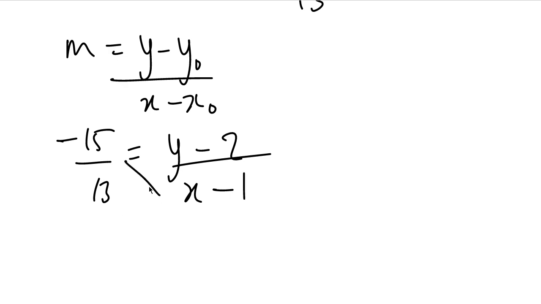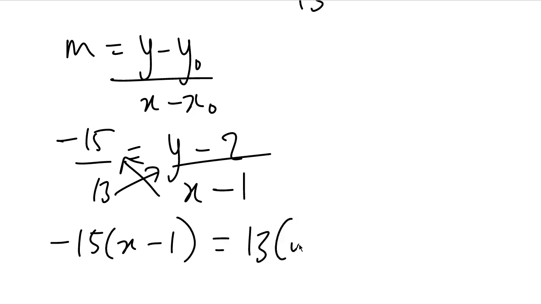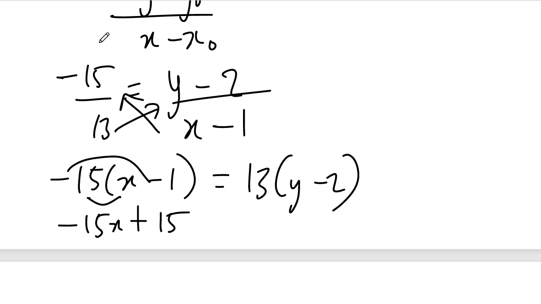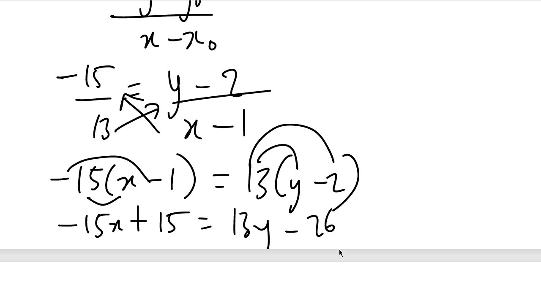Then multiplying through, that will be negative 15 into (x minus 1) is equal to 13 into (y minus 2). And then on expansion, negative 15 times x is negative 15x, and then negative 15 times negative 1 is positive 15, right? And 13 times y is 13y, and 13 times negative 2 is negative 26, right?